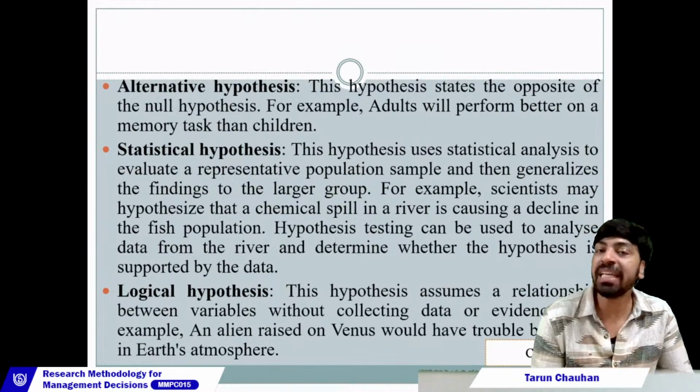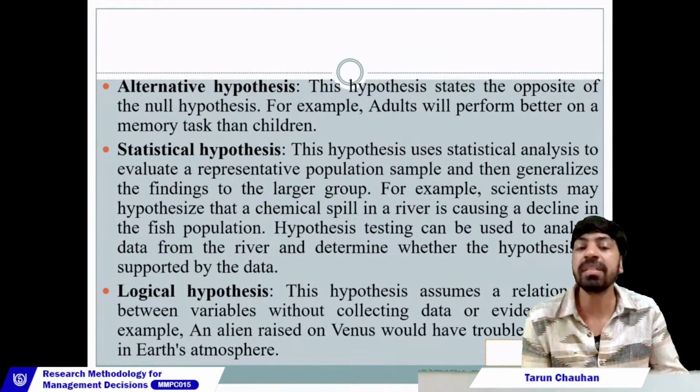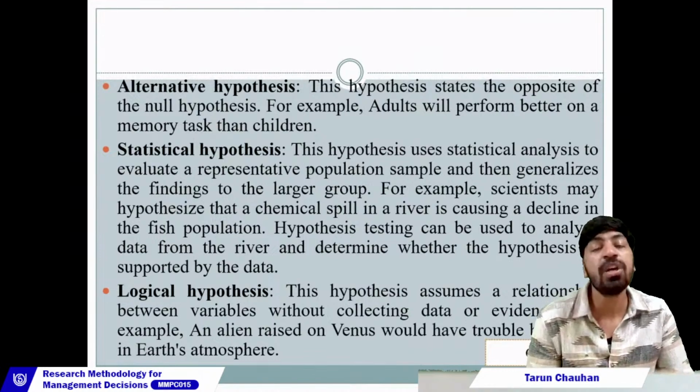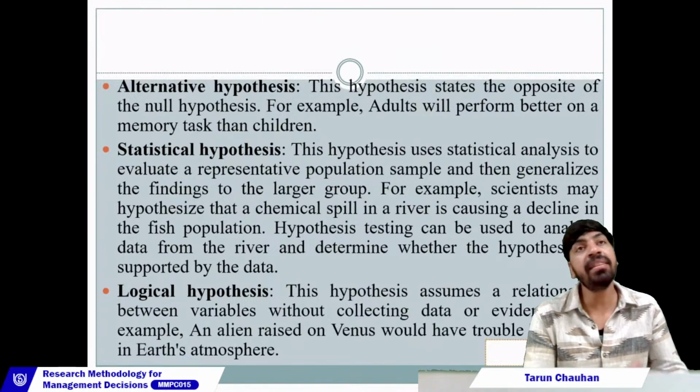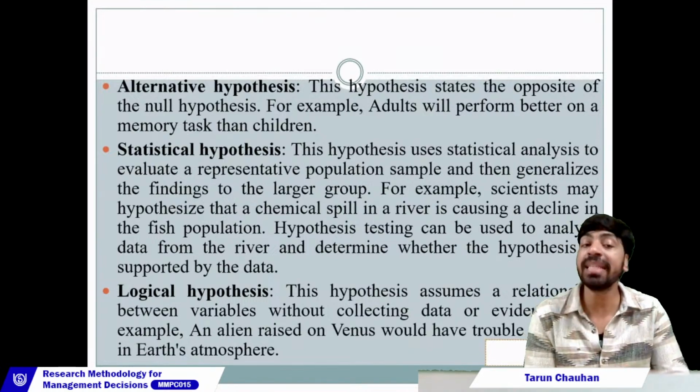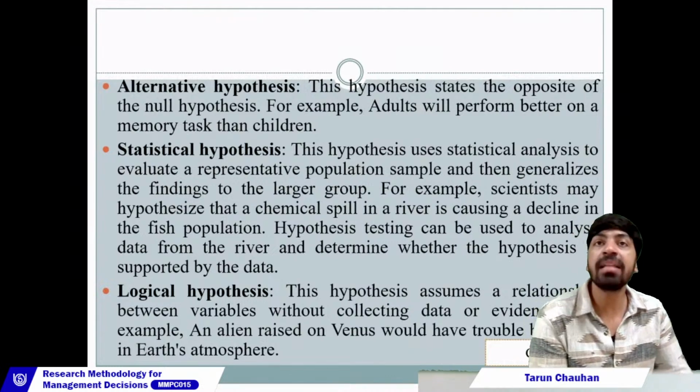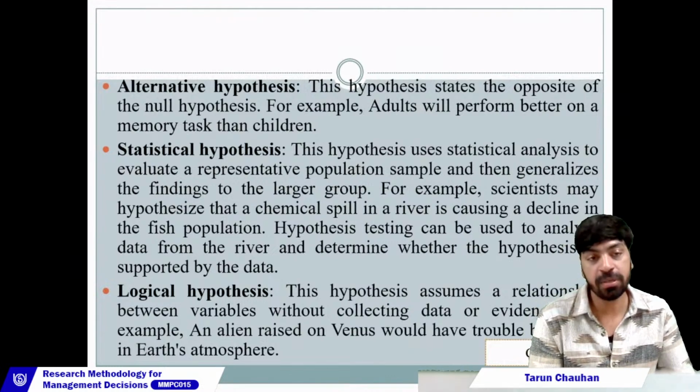Under this declarative statement, hypothesis testing would be used to analyze the data collected from the river and then determine whether the statement is supported by the data or not.